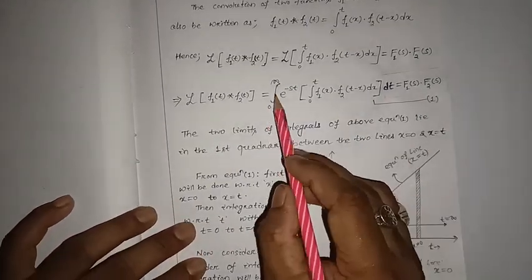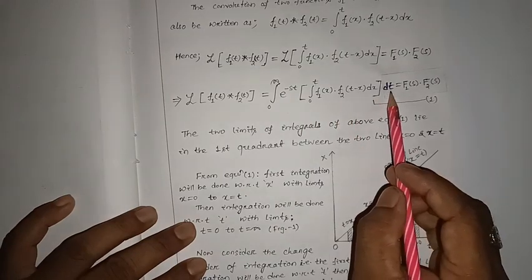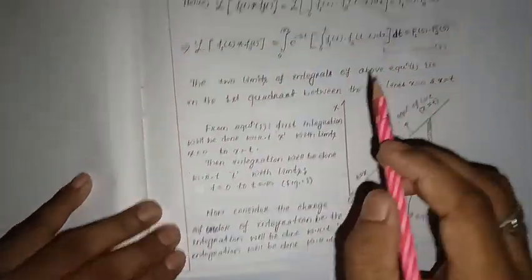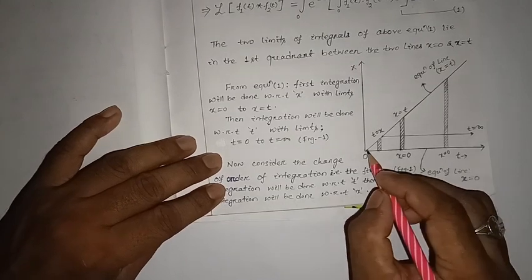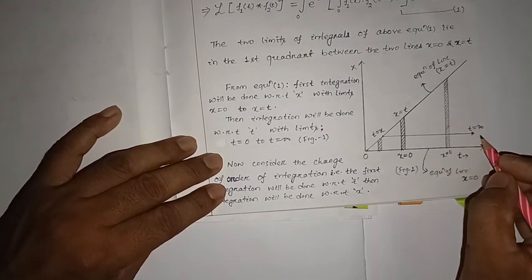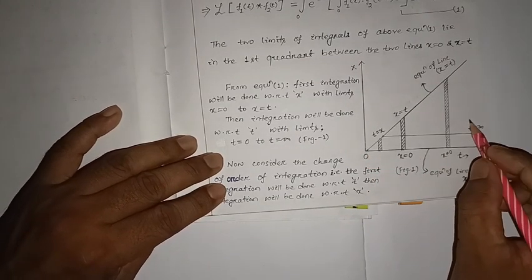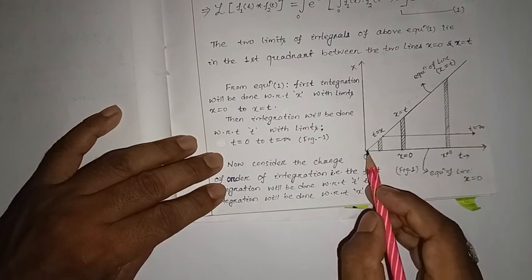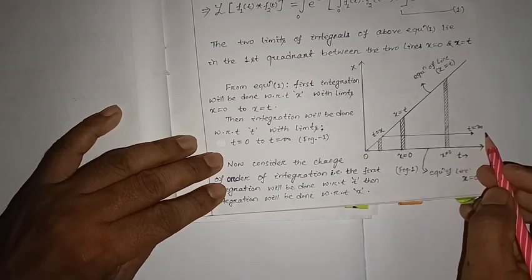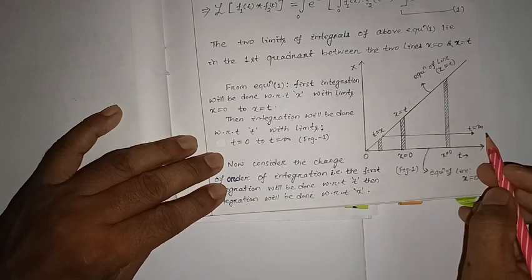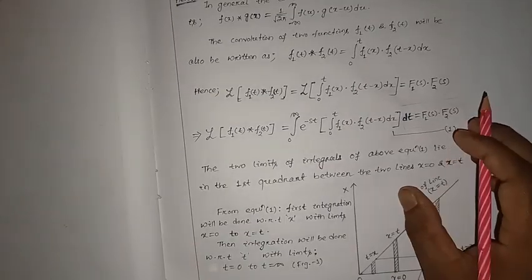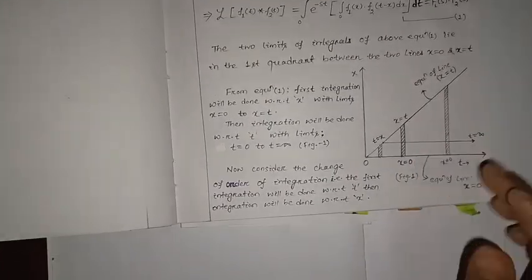Then integration from 0 to infinity with respect to t means these strips start from 0 and extend up to infinity. That means your t starts from 0 and extends up to infinity. This is the first integral and the corresponding figure 1.